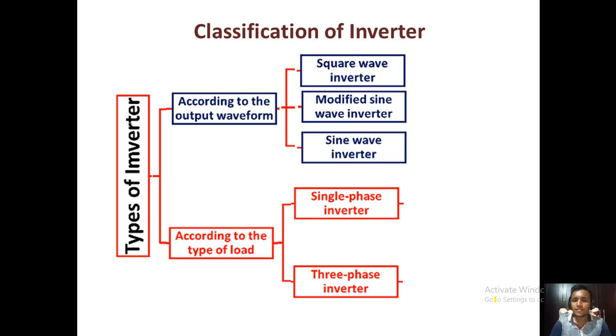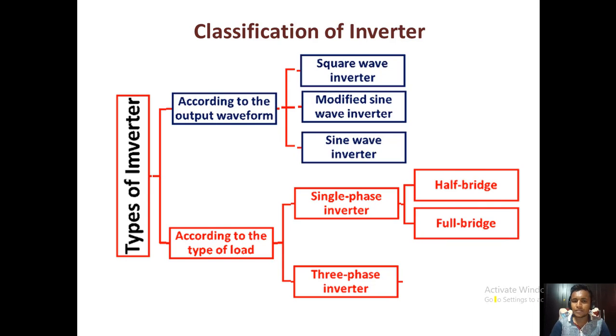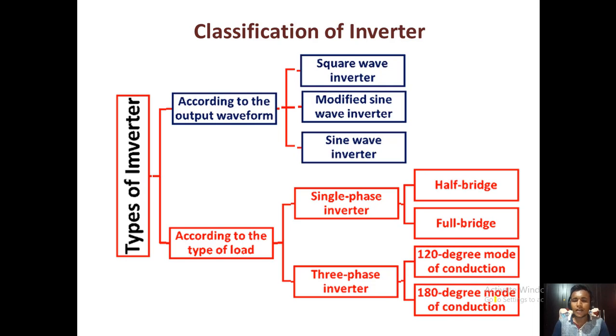A single phase inverter is also classified in two ways, that is a half bridge inverter and a full bridge inverter. And three phase inverters can also be classified in two ways, that is a 120-degree mode of conduction and a 180-degree mode of conduction.